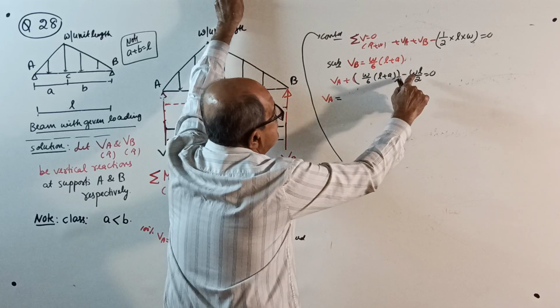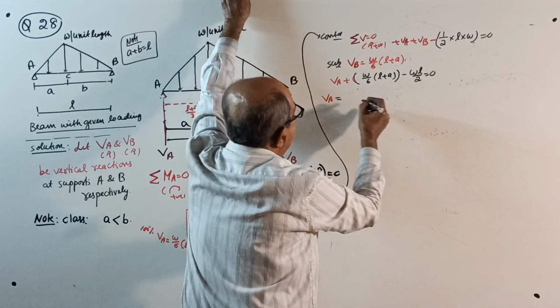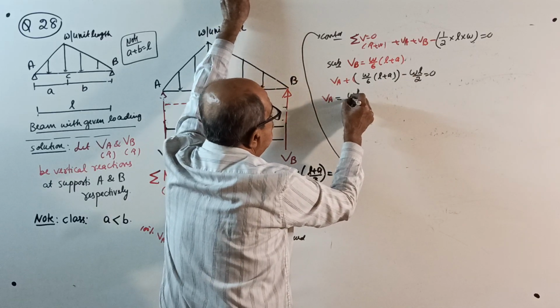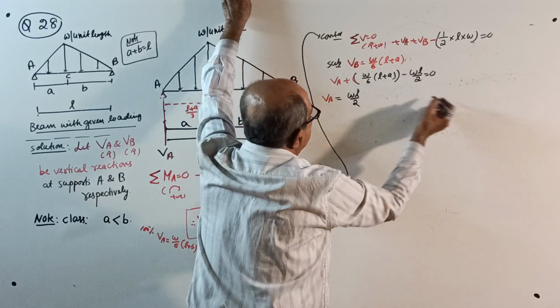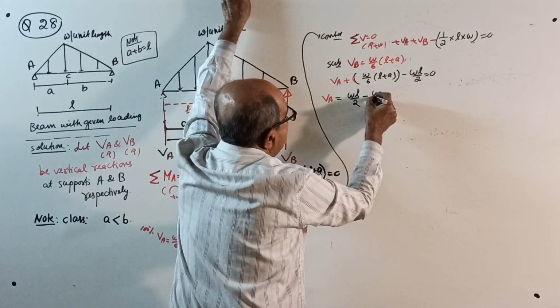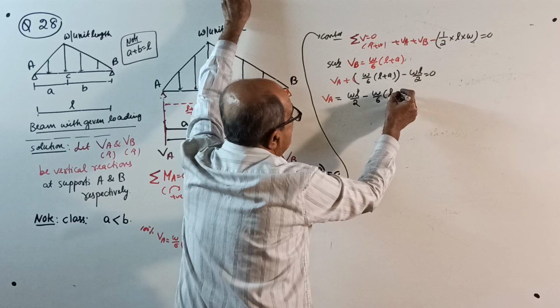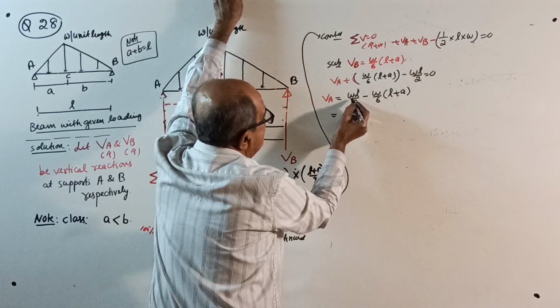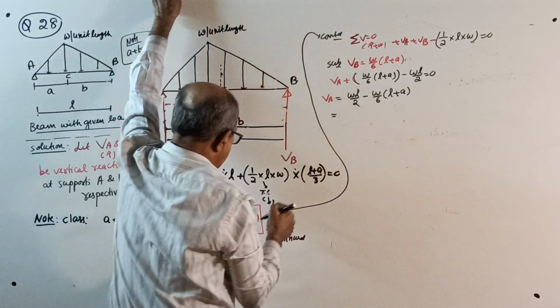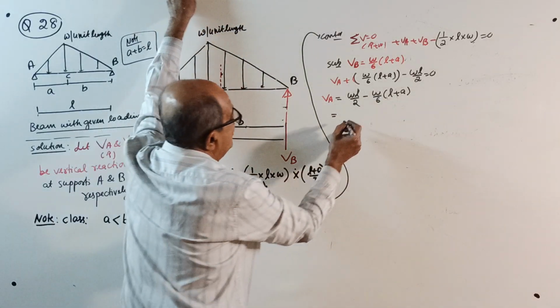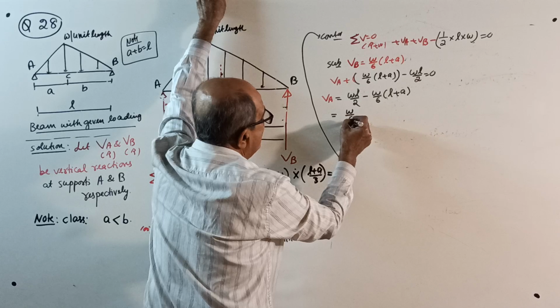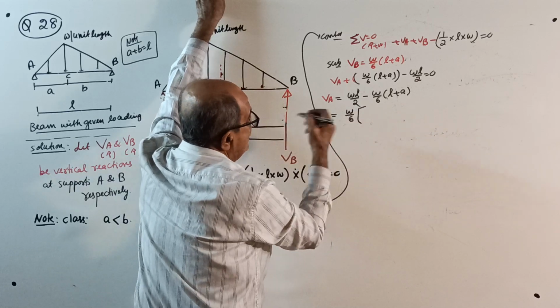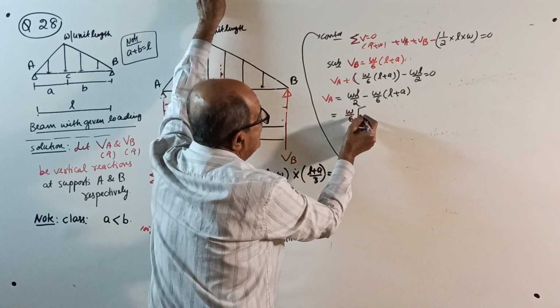equal to, see this minus 1, take that side, WL by 2 minus W by 6 into L plus A, or equal to, see W here, 6 here. Again you know, you want W by 6. W by 6 outside times 2, L will not come outside now.